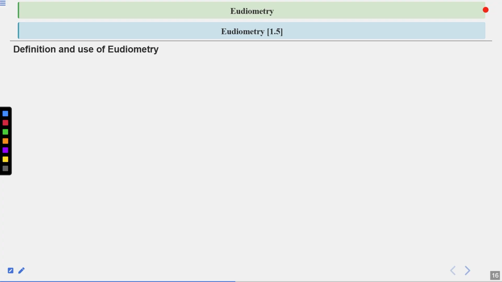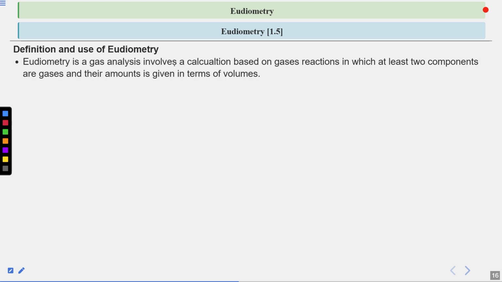So what is the use of eudiometry? We will not go that much deeper into the experimental setup. Our main goal is to solve the question or the numerical. But still, I will give you a greater perspective related to it. So it is basically used in the gas analysis that is involved in a reaction.